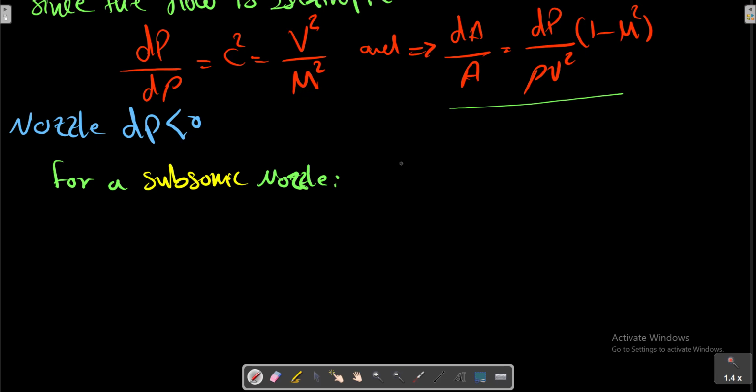For subsonic, it means that M is smaller than 1.